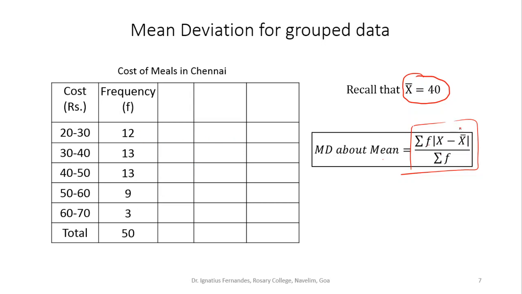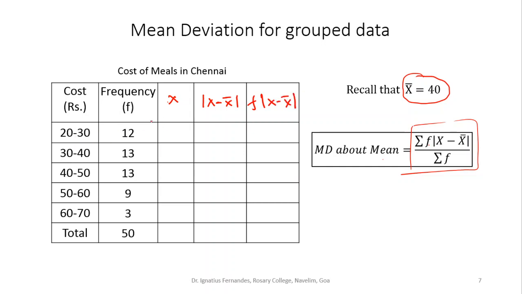So accordingly you have to make columns. First you find the class mark, that is x, then a column for |x minus x bar|, I'll directly consider the absolute sign so that we directly find the value, and then finally a column for f multiplied by |x minus x bar|.